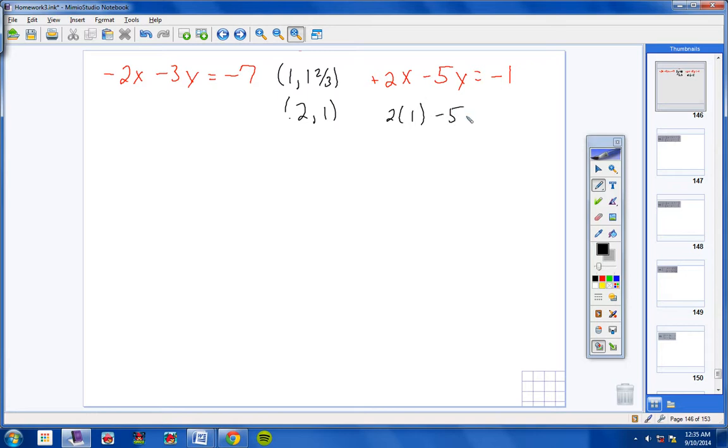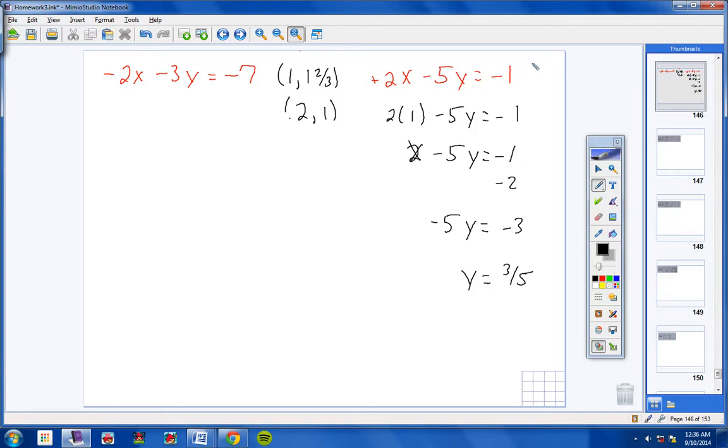I'm just choosing 1 and 2, just to make it easier. 2 times 1 is 2. Bring your positive 2 over and make it a negative 2. And so we're left with negative 5y equals negative 3. Divide both sides by negative 5. A negative divided by a negative is a positive 3/5. So when I put 1 in, I got out 3/5.